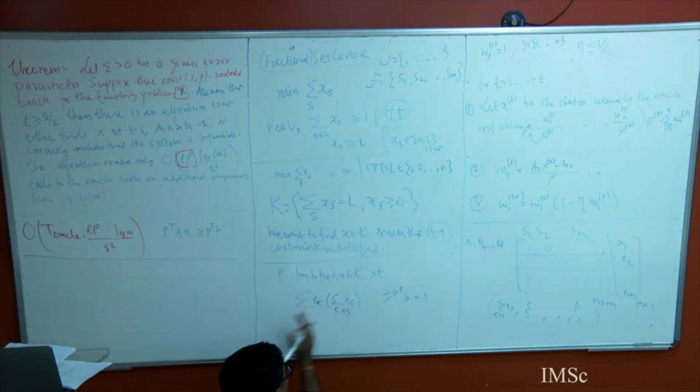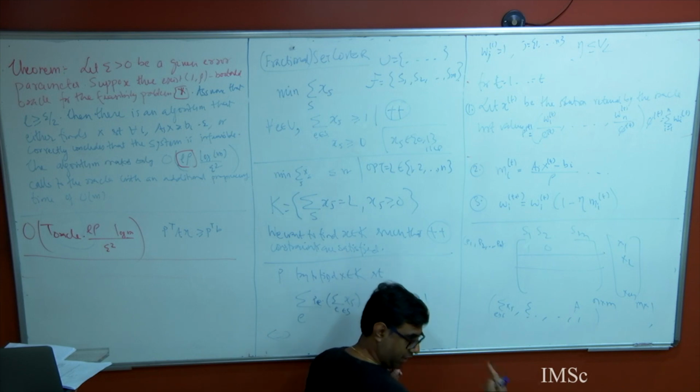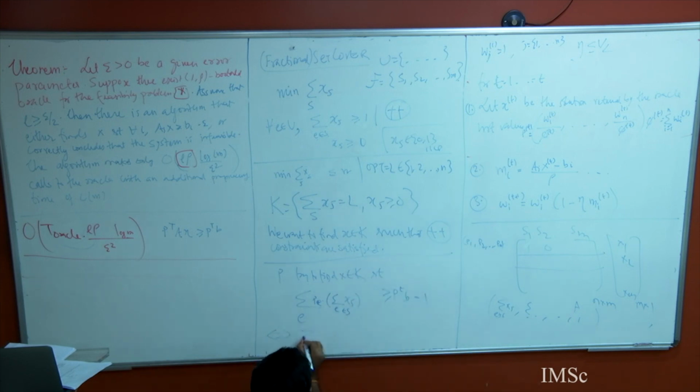Now I want to rewrite this with respect to S. Then what is this? Well, how many times will the X_S vector be counted? For each element once. So I can write it going over all S, X_S times summation E in S, P_E, if and only if this.